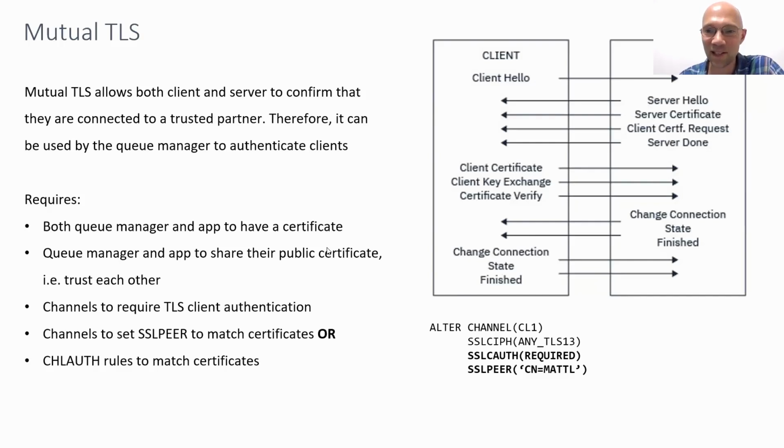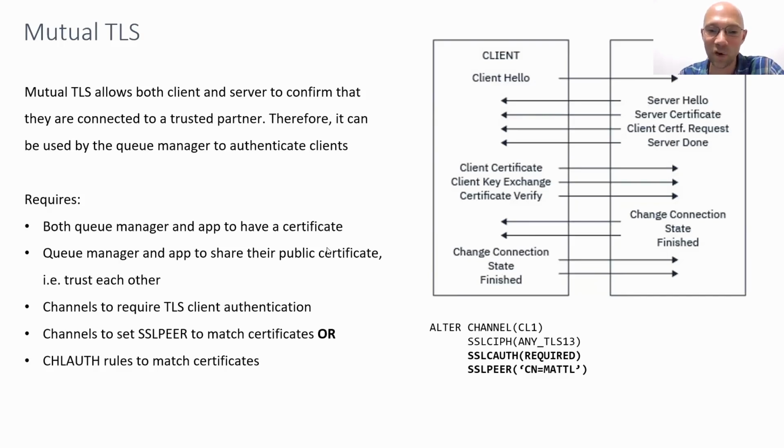Now, there's a few things that you need to configure in your queue manager in order to make this happen. Of course, they both need to have certificates, and they both need to trust each other's certificates. So that might be because you've swapped the certificates between the key stores, or more likely you have added the CA certificate of the CA that signed the queue manager and the client certificate to the key store on the queue manager and the client. And you need to configure the channels to use TLS and to also require TLS authentication.